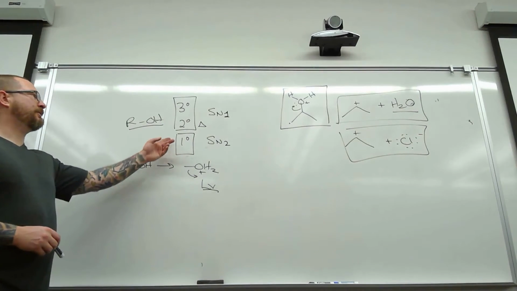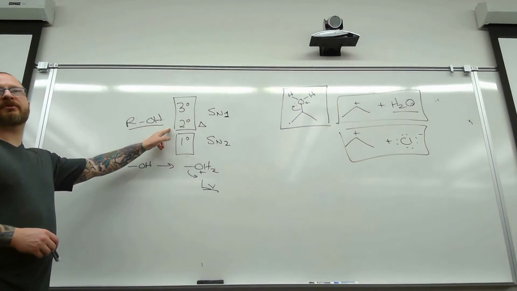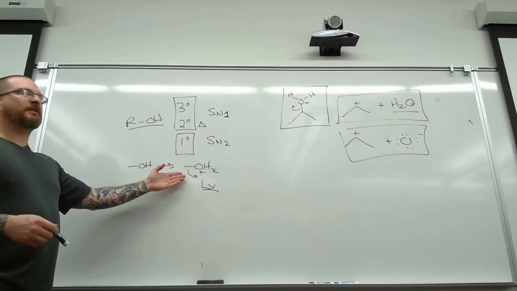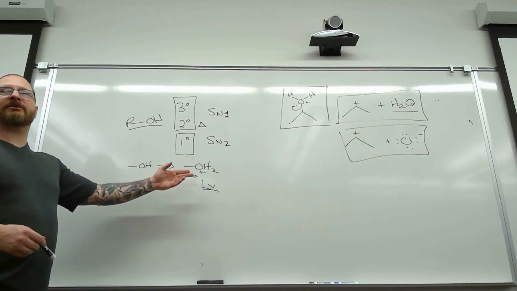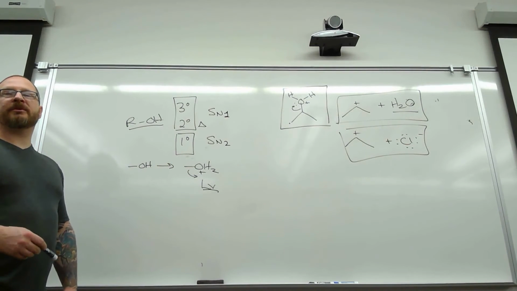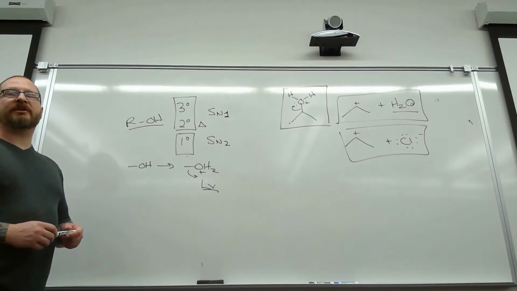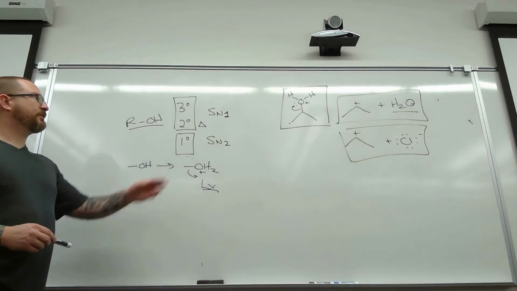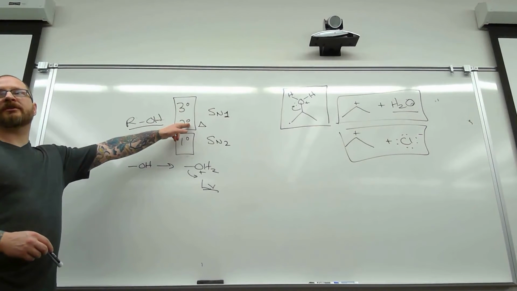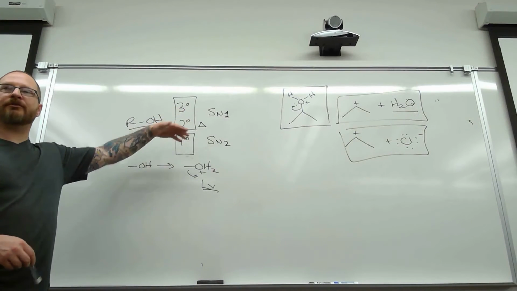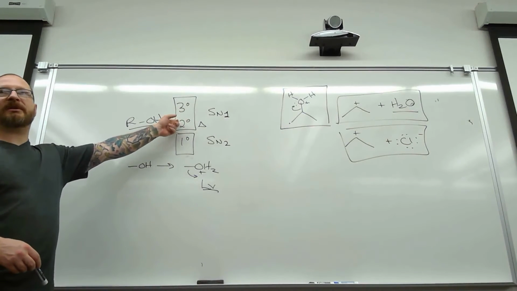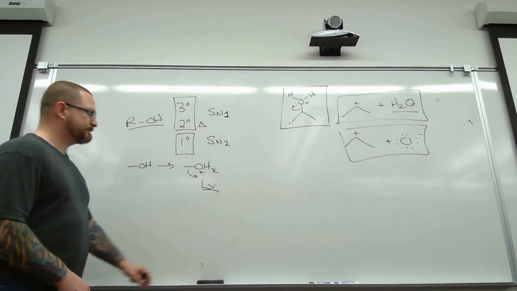Whereas you do have a little bit of a steric issue here that's not resolved. If you access it, it's still a great leaving group, but accessibility doesn't change when you're doing the SN2. So you still have that little bit of steric hindrance that is slowing it down. Because this doesn't have a steric issue, and now we have a better leaving group, it ends up being the preferred mechanism for alcohols.